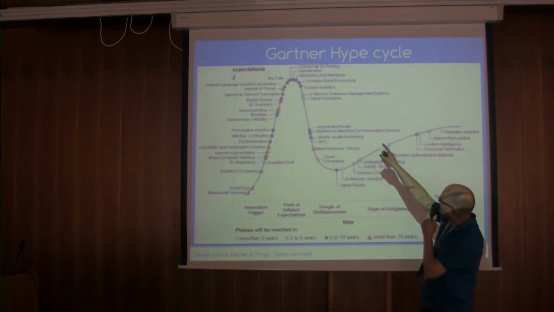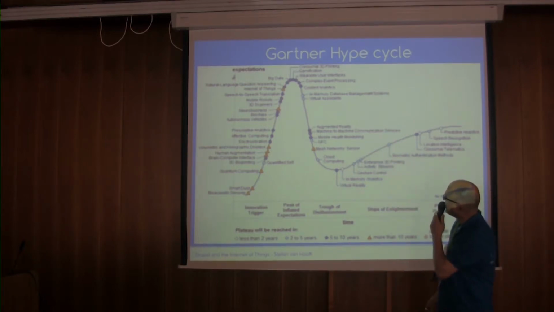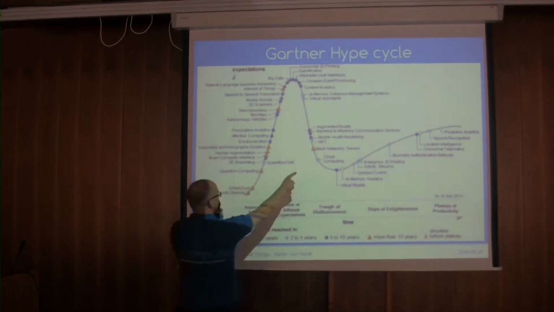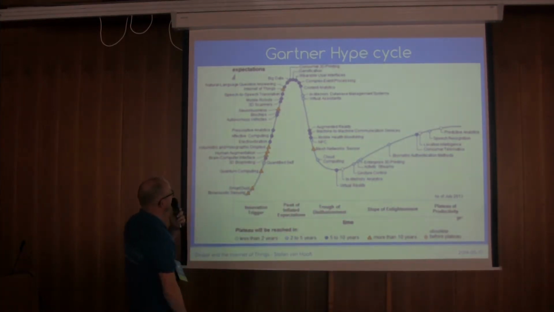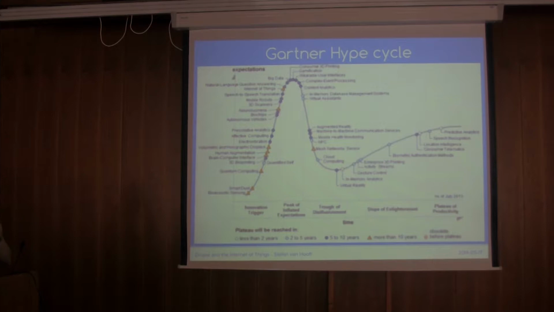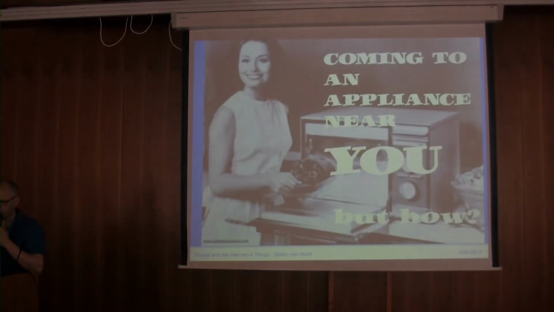There's wearable user interfaces and mesh network sensors and the Internet of Things. Basically what this is supposed to show, I'm sorry it's a bit grainy, is that the Internet of Things is not just something for a couple of years, but it's here to stay, or at least for the next 10 years or so. So it's a big market. I'll mention something about that in a minute.